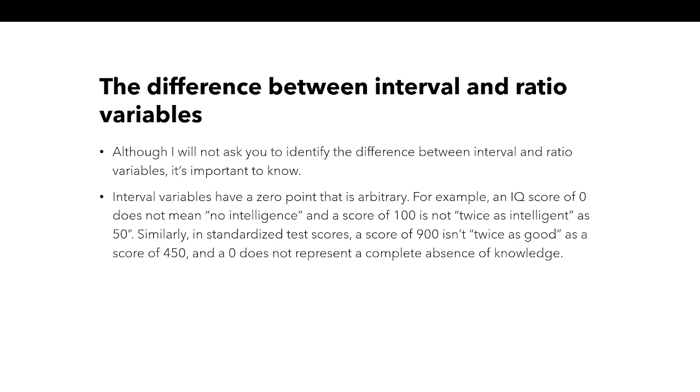So, in the case of IQ scores, there's not really a truly meaningful 0 point. Similarly, in standardized test scores, a score of 900 isn't necessarily twice as good as a score of 450, and a 0 does not represent a complete absence of knowledge. So, interval variables have a 0 point that is arbitrary, it is not meaningful.